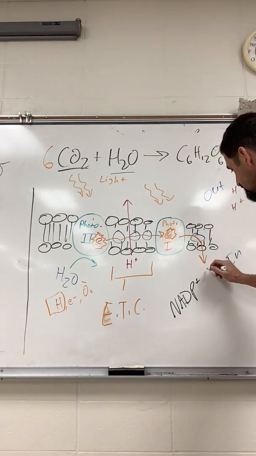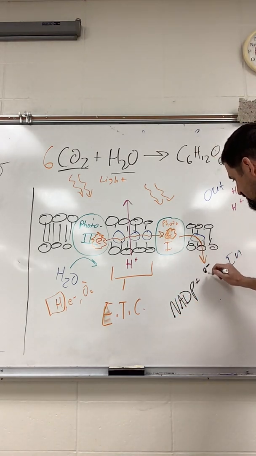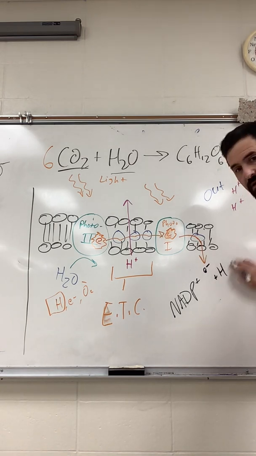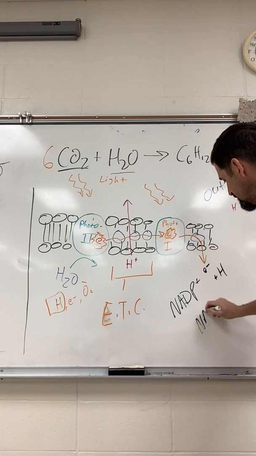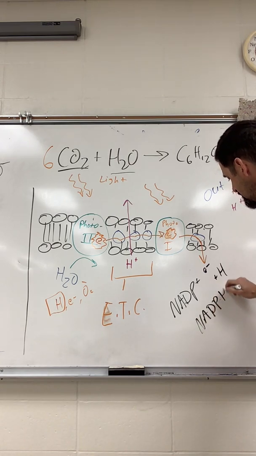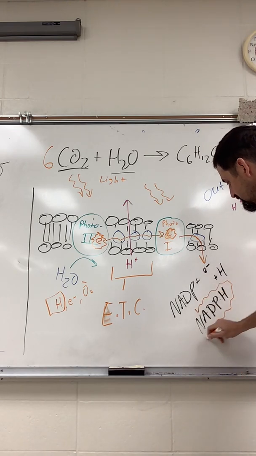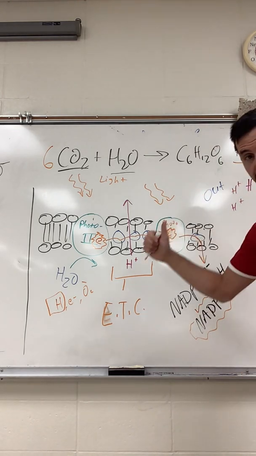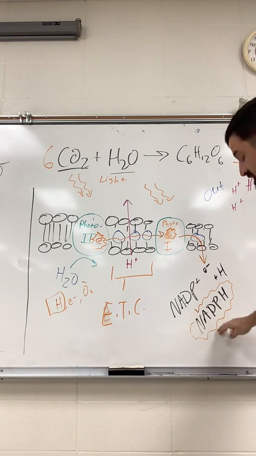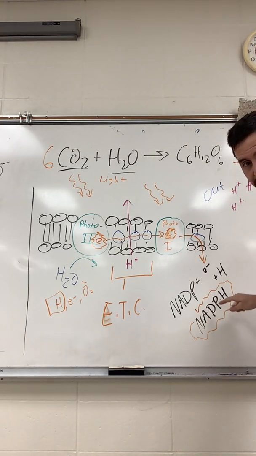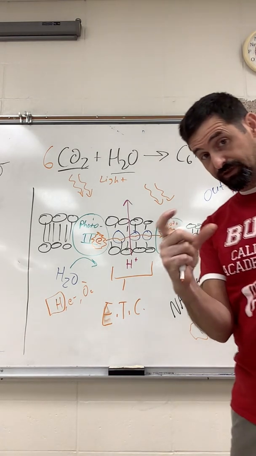So that little electron joins in on this, and we grab a hydrogen and we form NADPH, which is energized, and that was the material we said we were going to send over to the Calvin cycle. So this is one of the end products, NADPH, right? This is holding our energy.